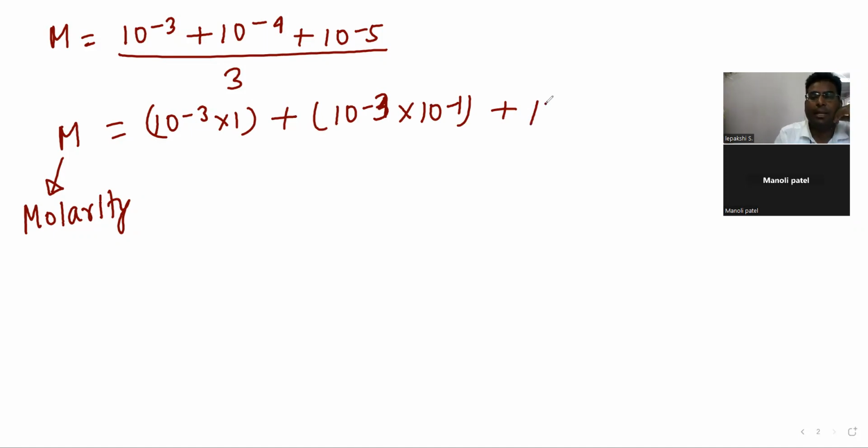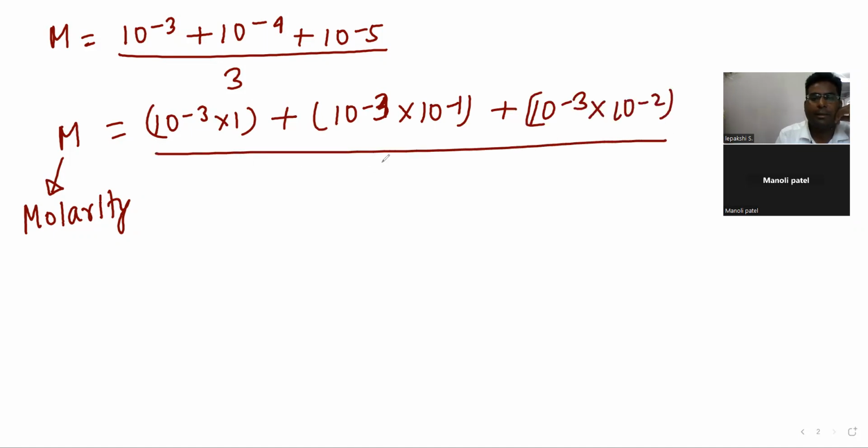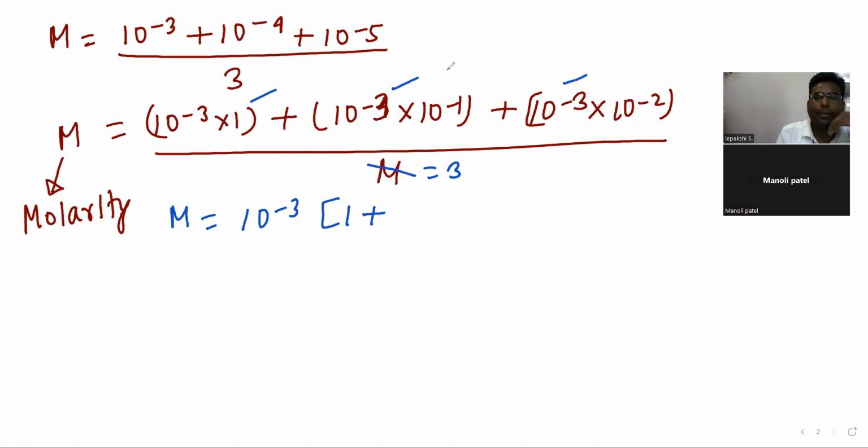In the similar manner, the third is 10 raised to minus 3 into 10 raised to minus 2, divided by 3. Understood? So take 10 raised to minus 3 common from all three terms. It will be 10 raised to minus 3 into 1 plus 1 upon 10, and 1 upon 10 is nothing but 0.1.